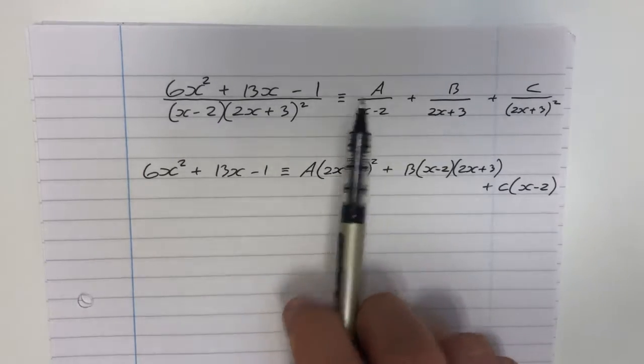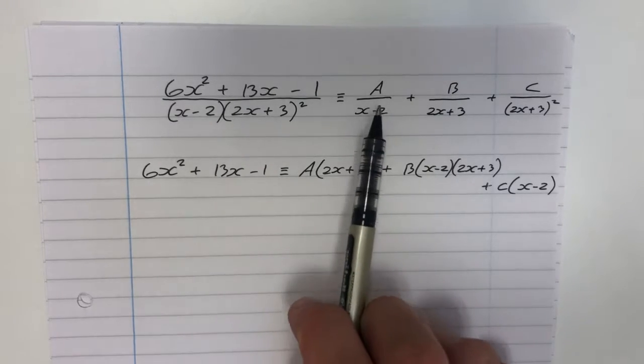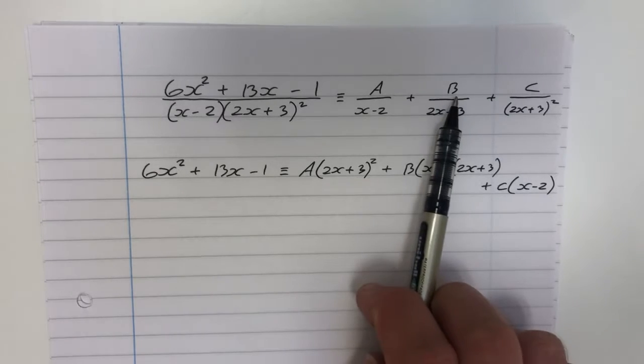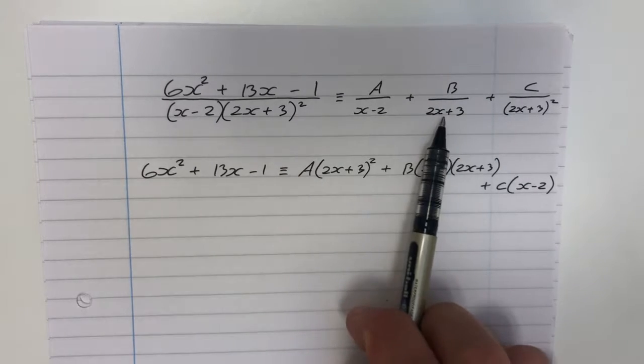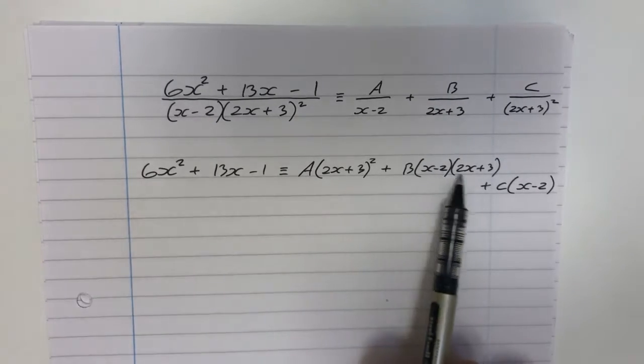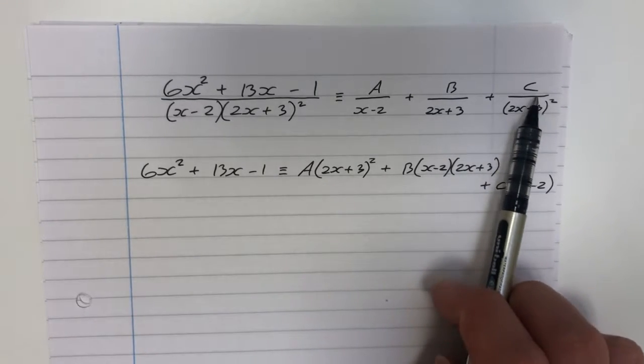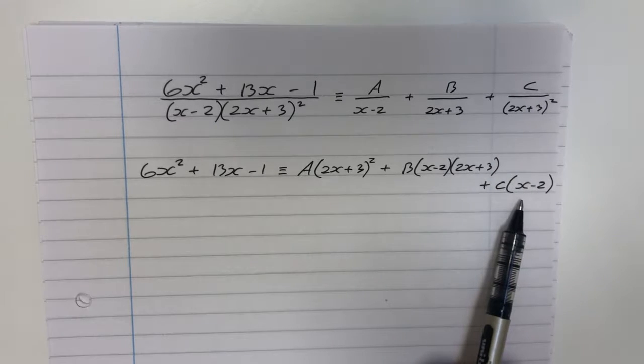So with the first term, the x minus 2's cancel top and bottom, and we're left with this on top. With the second term, one of those brackets cancels with the bottom, and you're left with that one and one of those. And with c, both of those cancel with both of those, and we're left with just the x minus 2 on top.